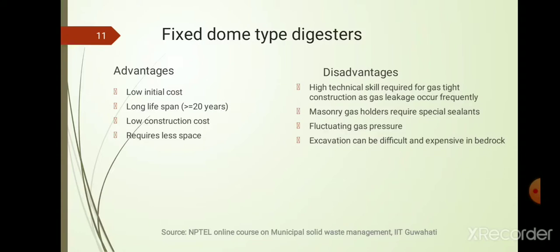If our location has a lot of rock underground, it is not possible to install this type of reactor because most of the parts are underground. So it is not suitable when there are a lot of bedrock structures in the ground. These are the overall advantages and disadvantages of fixed dome type digesters.